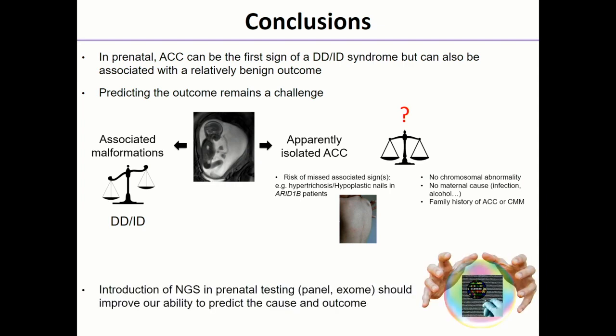Of course, we would like to improve our capacity to make the prognosis, and we will introduce next generation sequencing and exome sequencing in trios in the next few months. Actually, it will begin now.